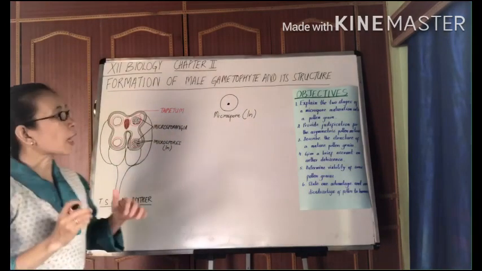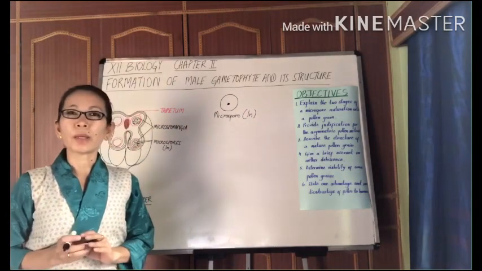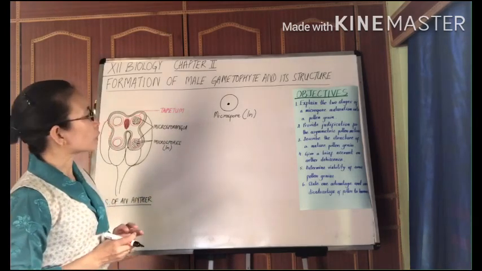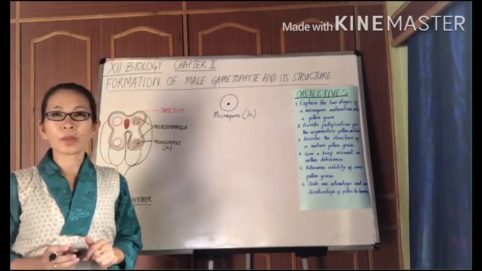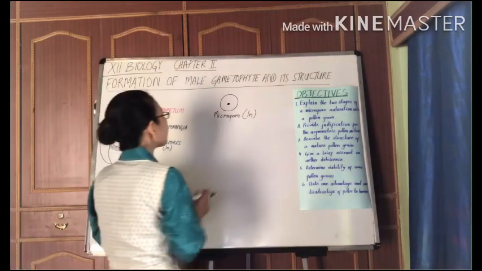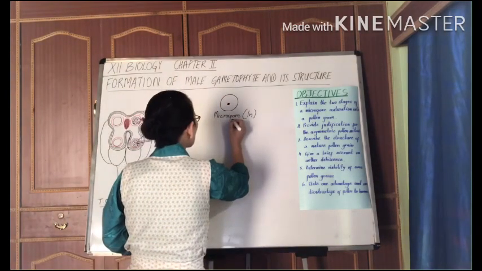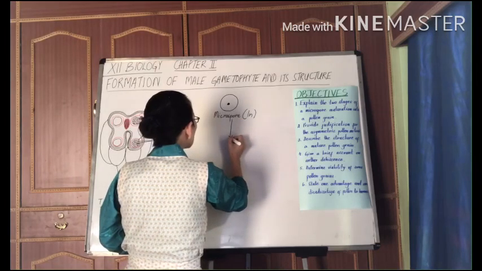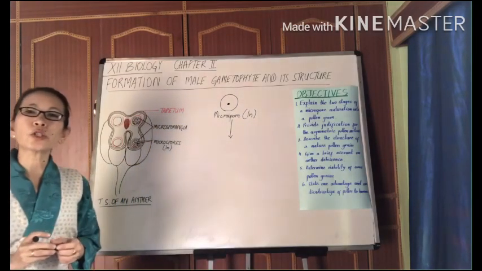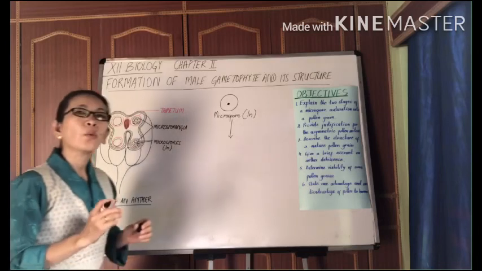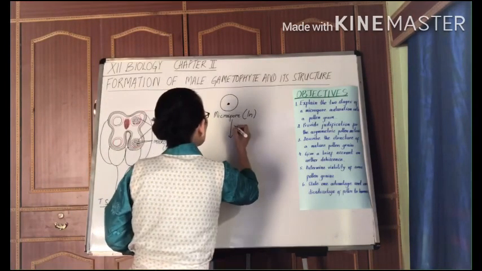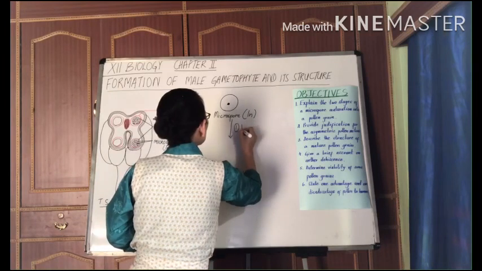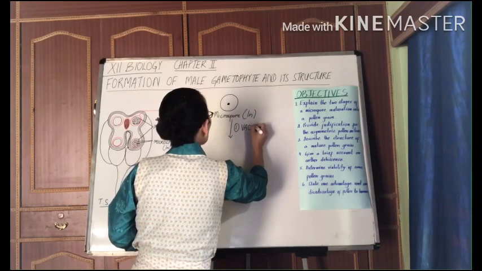Now this starts undergoing maturation, and during the process of maturation there are 2 distinct stages. So in the first stage, this haploid microspore would undergo a process which is known as vacuolation.